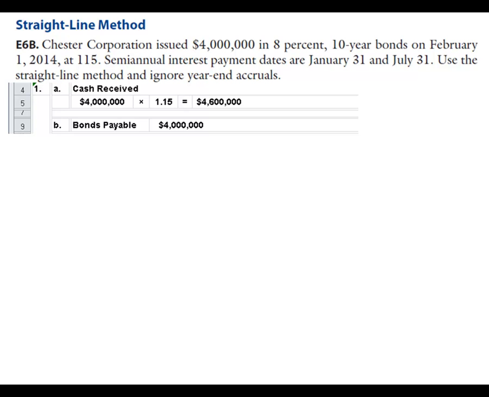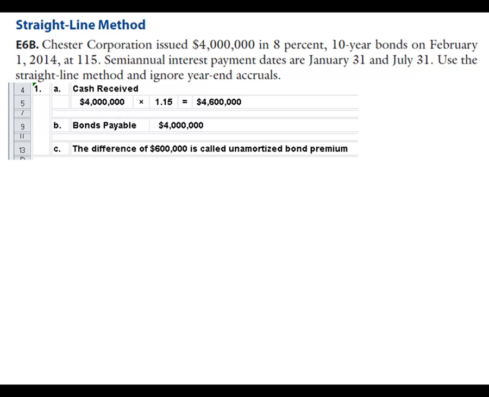Because in every situation, regardless of how it's issued, bonds payable will always be credited for the face value, the $4 million in this situation. So the difference between the bonds payable amount and the amount of cash actually received is called unamortized bond premium, because we received $600,000 more.